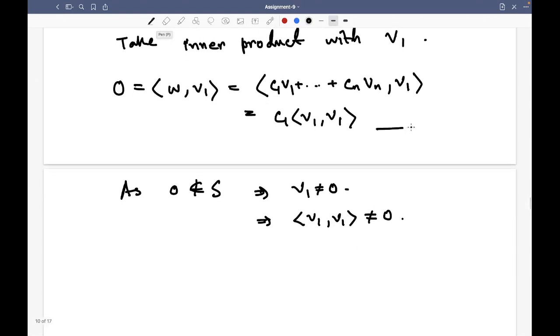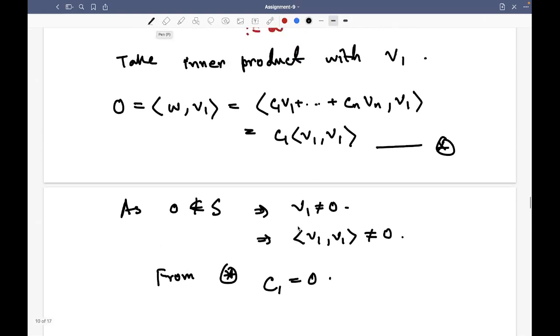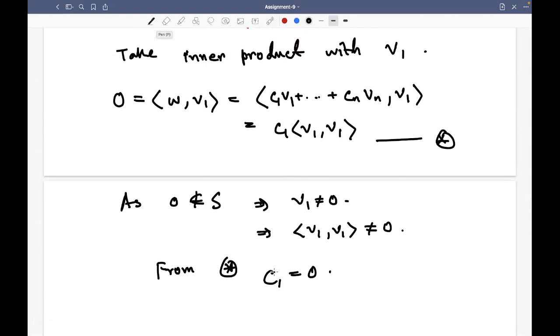So this is star. From star, since this is non-zero, C1 must be 0, right? So when taking the inner product with V1, we get C1 equals 0.